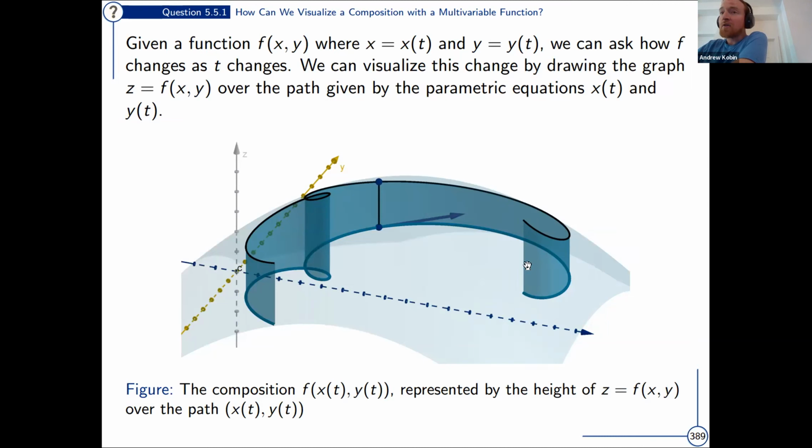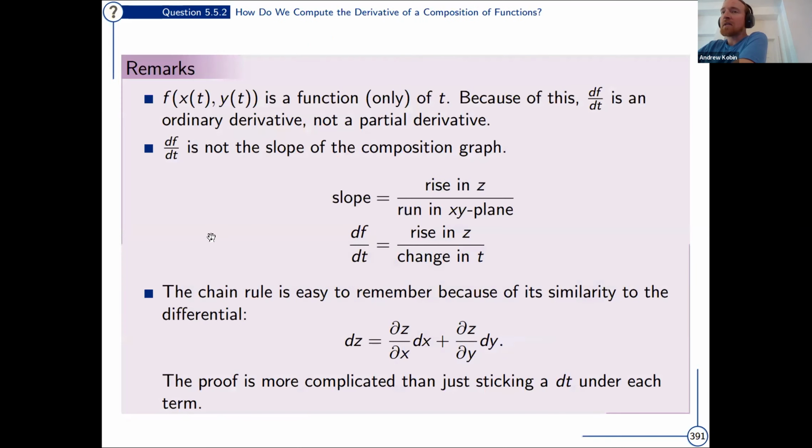The rate of change, or rather the slope against this black curve, is not captured by df dt. Rather, the change in height directly, not as we move around, but if we just took that height as a single output, that thing is changing according to the input variable t, and that's what df dt measures. So it's not quite as visual as slopes that we've been working with before.